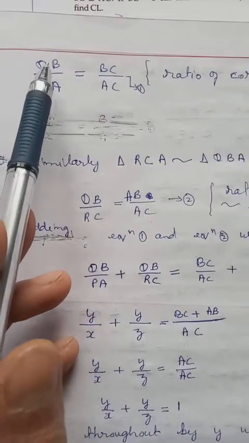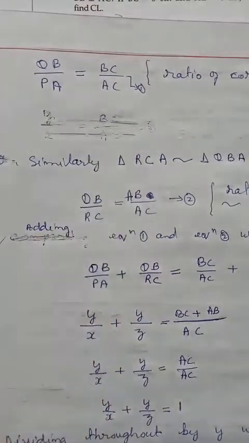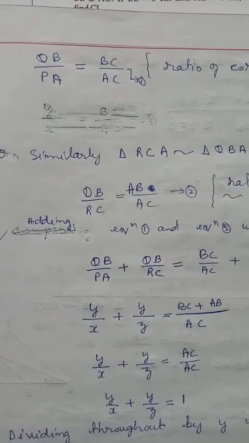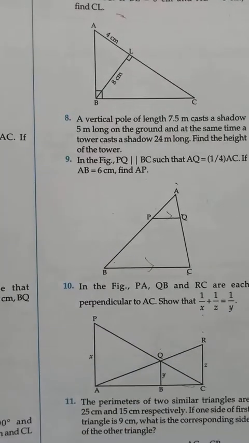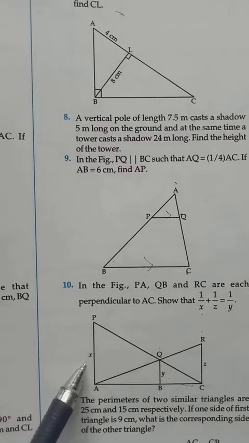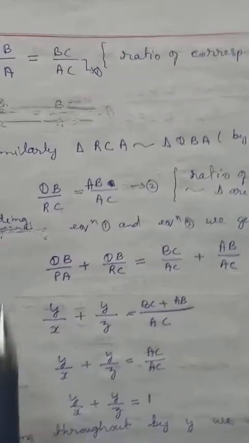So that's why we add equations 1 and 2. We add left and left, right and right. After adding, let us replace QB, PA and RC. From the figure, QB is Y, PA is X, RC is Z. So let us replace the values.